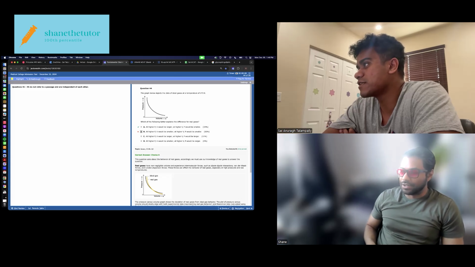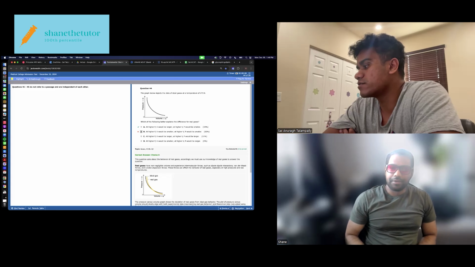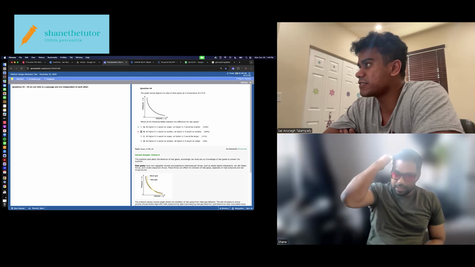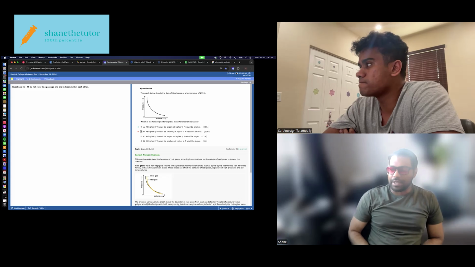There are two main factors. The volume of the actual gas particles is negligible in an ideal gas, and the intermolecular forces between the molecules of the gas are also negligible.